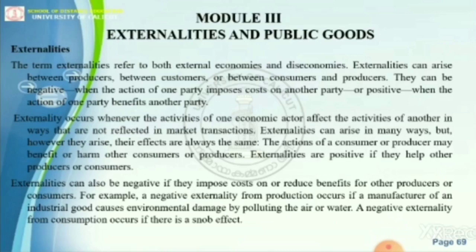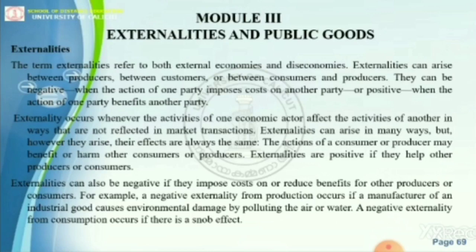Externalities can also be negative if they impose cost on or reduce the benefits for other producers or consumers. For example, a negative externality from production occurs if the manufacturer of an industrial good causes environmental damage by polluting the air or water. A negative externality from consumption occurs if there is a snob effect. You know very well about the snob effect, Veblen effect, bandwagon effect, etc. Isn't it?